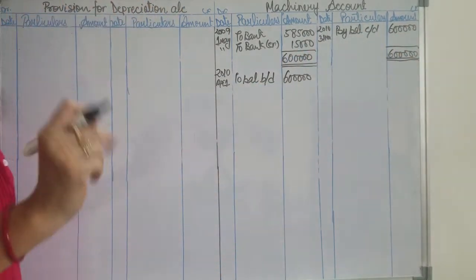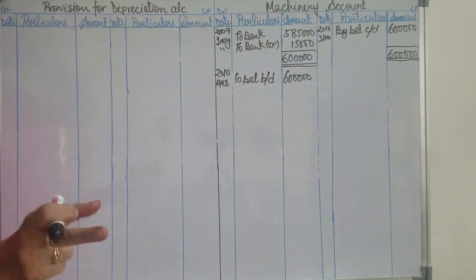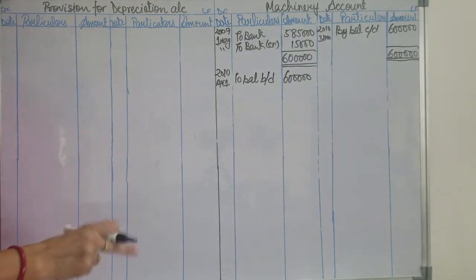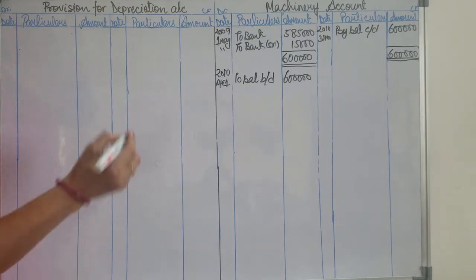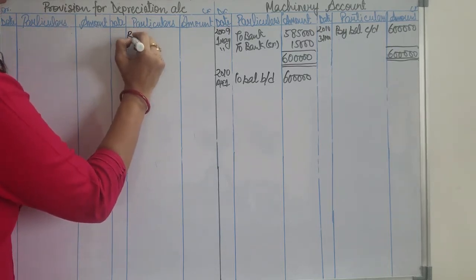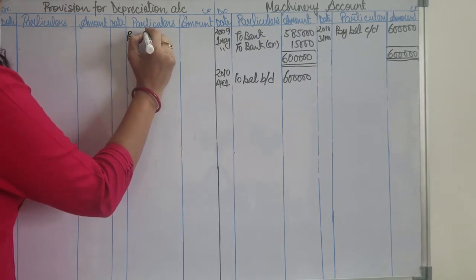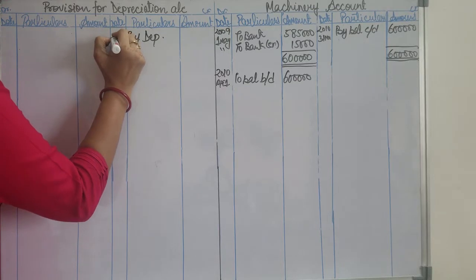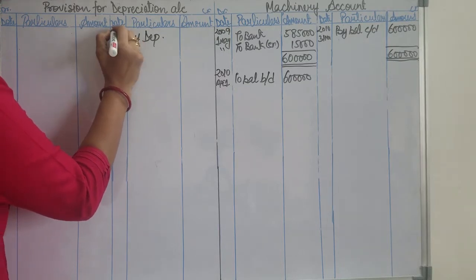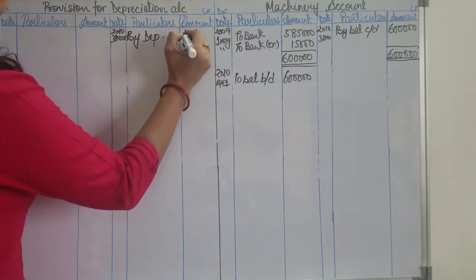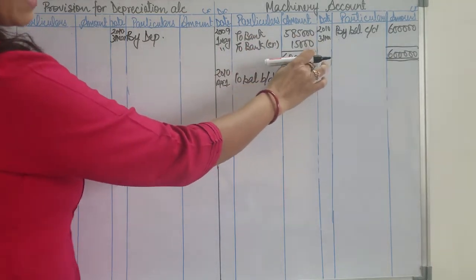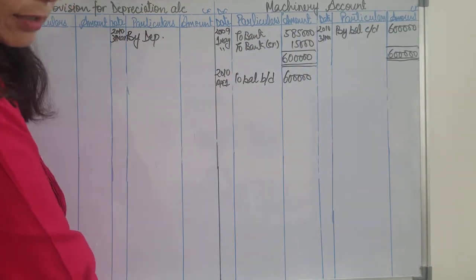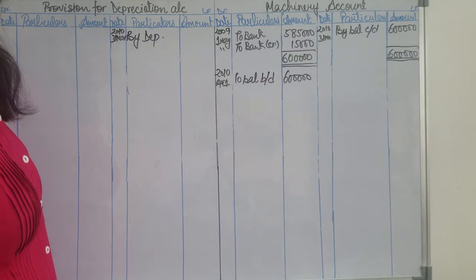Now the entry of depreciation, and depreciation entry will be credited to the provision for depreciation account, right? The depreciation will be charged for 11 months only. So it will be like by depreciation, 31st March 2010, and the amount on 6 lakhs at 15% comes to 90,000.